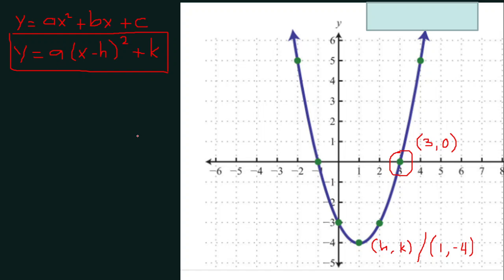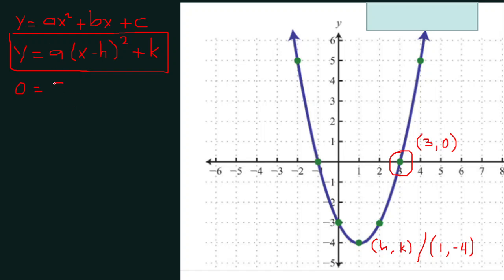Okay, so let's substitute everything. So we have here y, using the point on the parabola. Our y here is equal to 0. The purpose of this is for us to solve for the value of a.